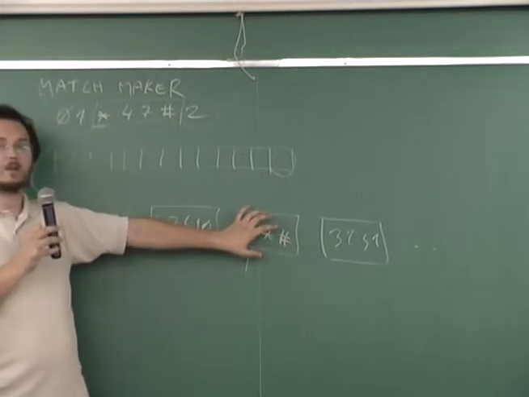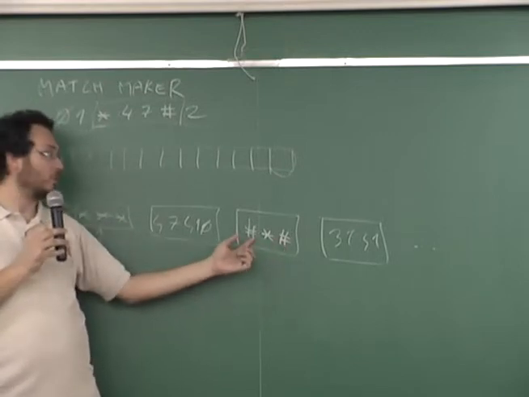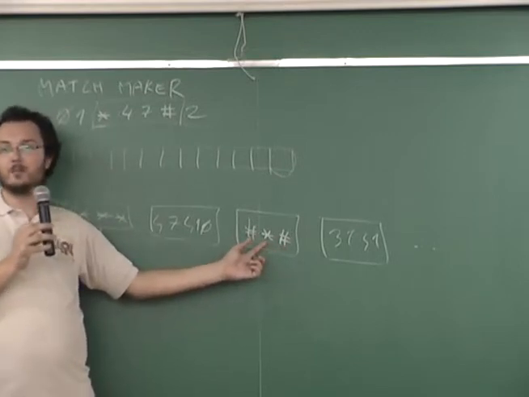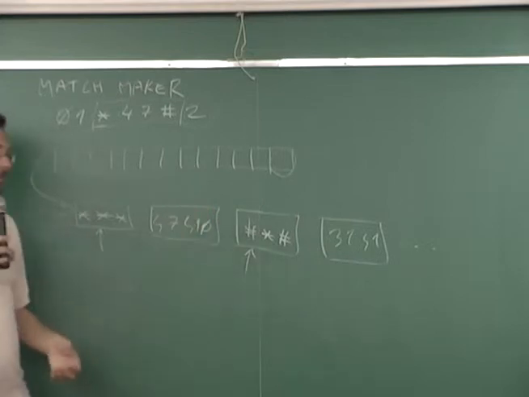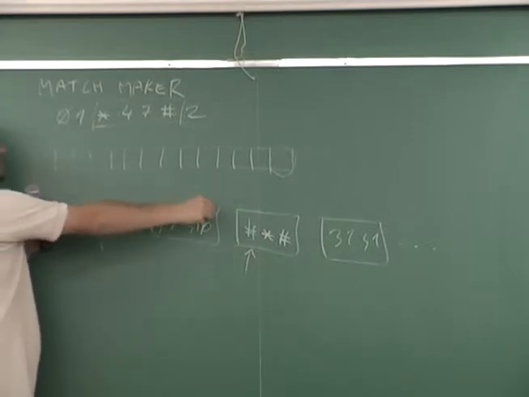So this sequence, for example, tells you to skip an even number of digits, because odd plus odd is even, but at least two. So we are going left to right.